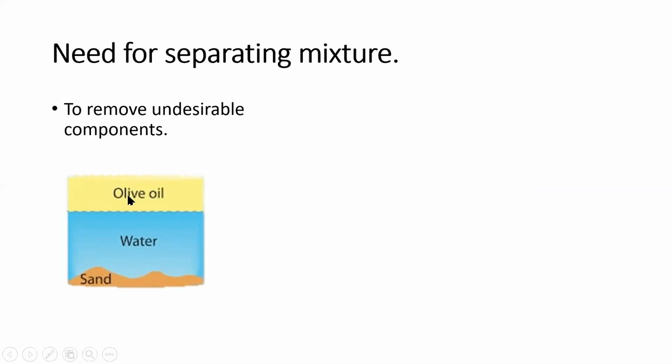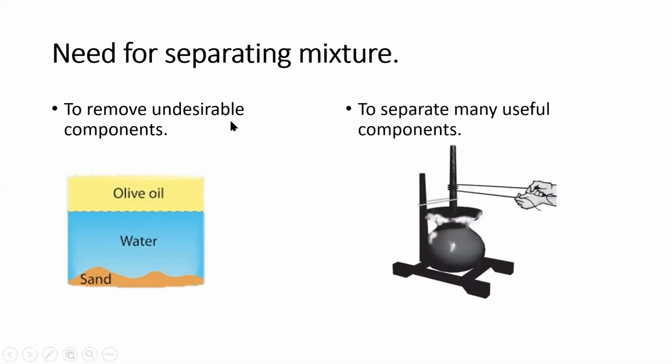Chances are there that oil might have got added into the water. Of course, they are immiscible liquids, so they will form two different layers, and we may need to separate these out. Second aspect, why do we need separation methods? Sometimes we need to separate useful components.